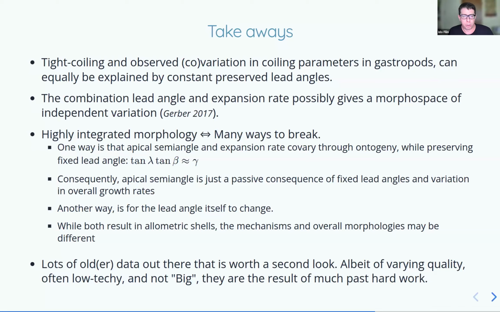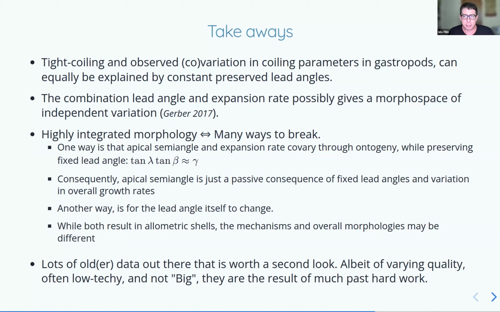Now, because logarithmically coiled conispiral shells are so highly integrated, as I referred to in the beginning of the talk, that means that there are many different ways to break this high integration.